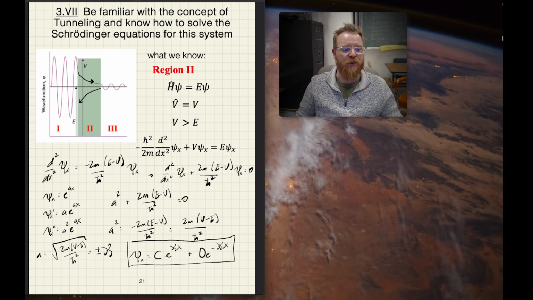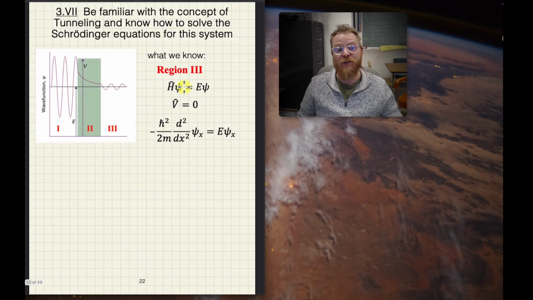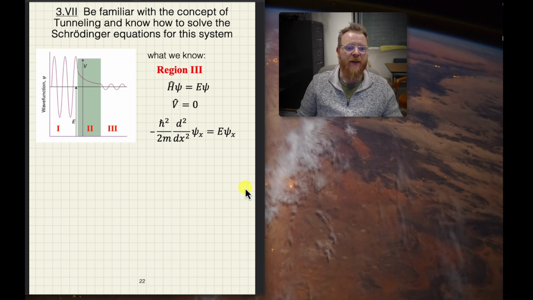Okay, the last solution we need is the solution for region 3, and I'm just going to cut straight to it because we can see here it's the same setup that we had for region 1, albeit at a reduced intensity. So I'm just going to go for it.